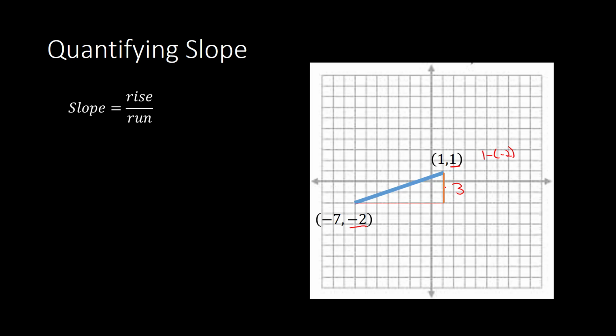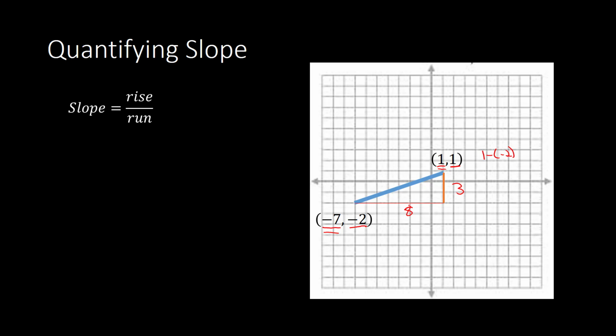And then same thing with the horizontal line right here. Horizontal is dealing with the x values. So if I look at the x values for the ordered pairs, so the 1 and the -7, if I take 1 minus a negative 7, notice I'm going to get a positive 8. So the length of this segment is going to be a positive 8.